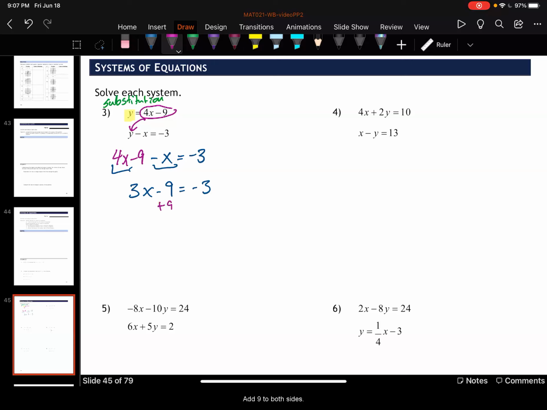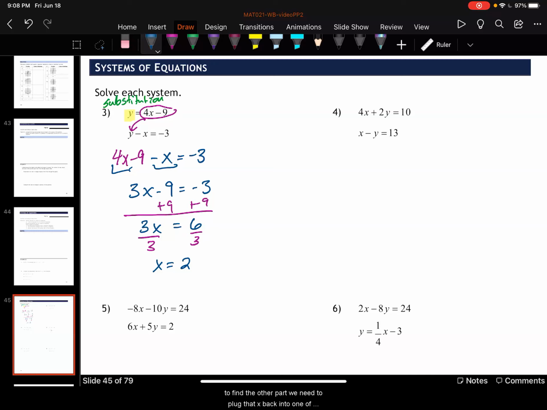Add 9 to both sides. 3x equals 6. Divide both sides by 3. X equals 2. Now that is one part of our answer.